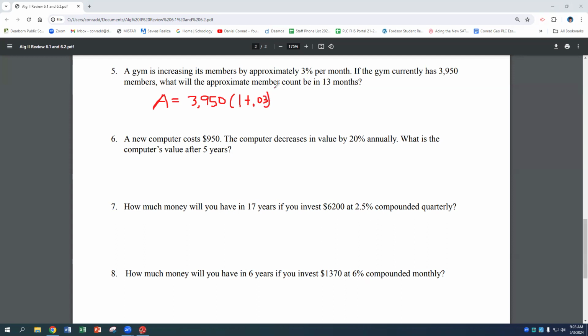Okay, and then it's going to be to the 13th. The reason this is just the simple exponential model is because it's not 3% per year over 13 months, it's 3% per month for 13 months. So we can just use the standard exponential function there.